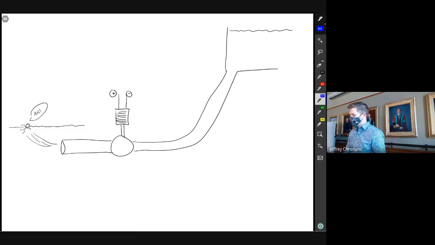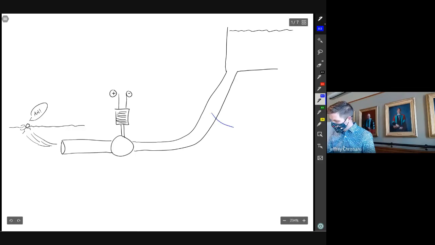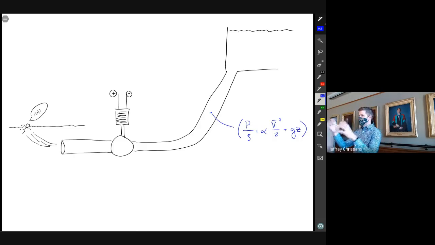So at any point along the system, say like here, we can characterize the amount of energy in the system by pressure over density plus alpha v squared over 2 plus gz. Whenever we're writing that, all that is saying is how much energy we have at location 1, location 2, location 4, whatever it is.